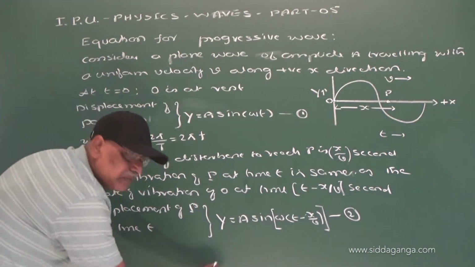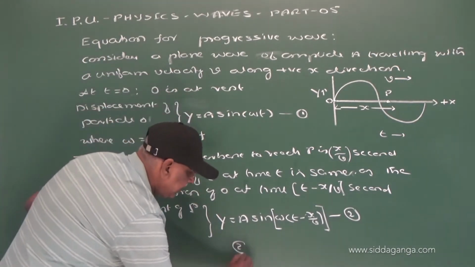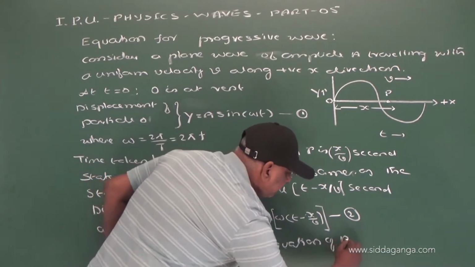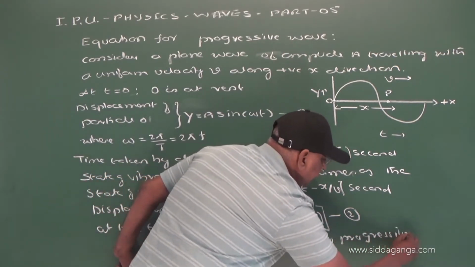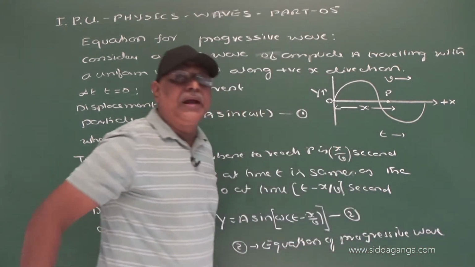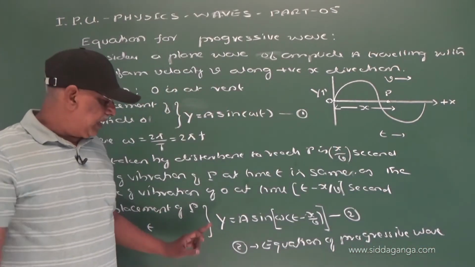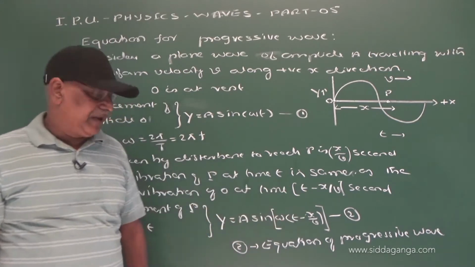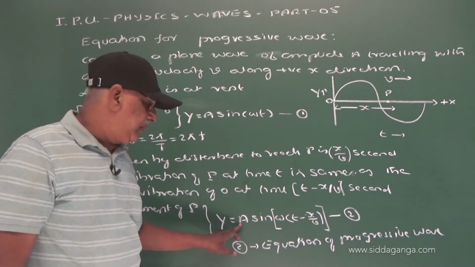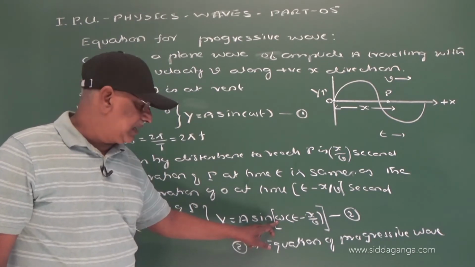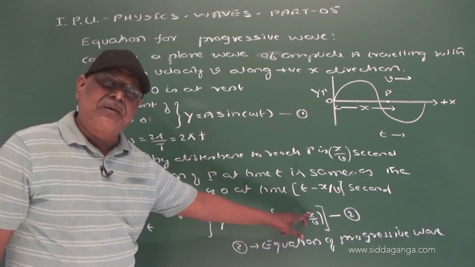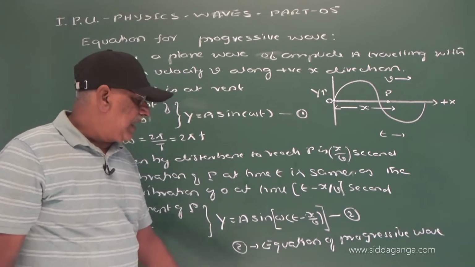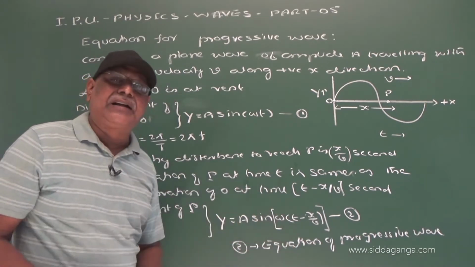This equation number 2 is called the equation of progressive wave. Here A is amplitude, omega is angular velocity, x is the distance of the particle from the origin, V is the wave velocity, and y is the displacement at time t.